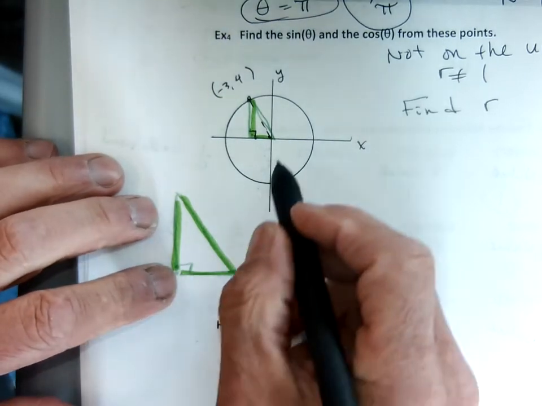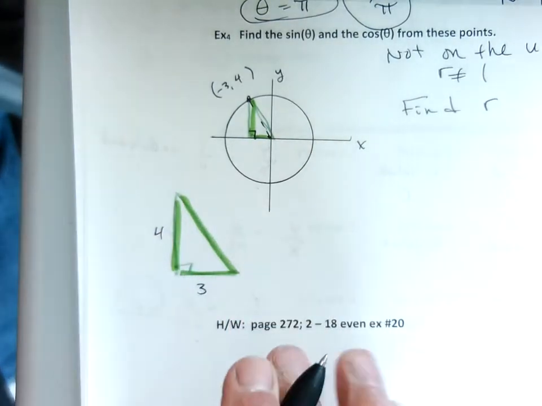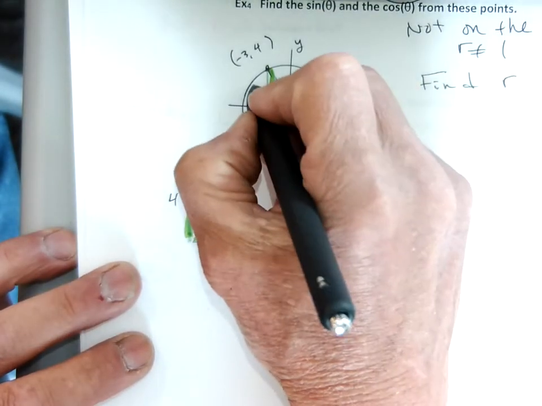This length is 3. This height is 4. Because to make this, I'd go back 3, up 4.